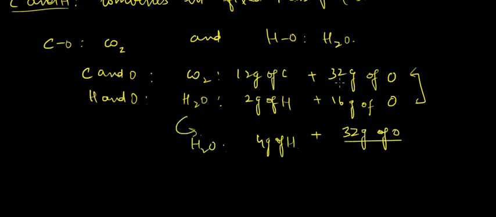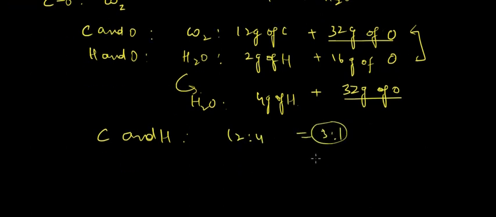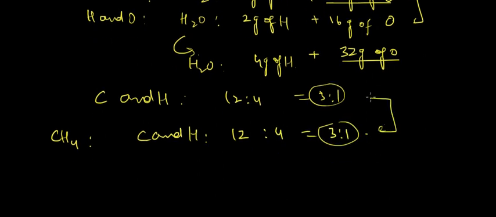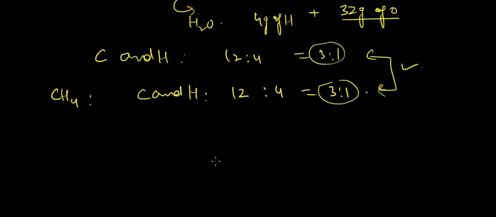So for the same 32 grams of oxygen, C and H are combining in a ratio of 12:4 or 3:1. And in CH4, C and H have the mass ratio of 12:4, which is again 3:1. So these two are the same, hence this verifies our law of reciprocal proportion.